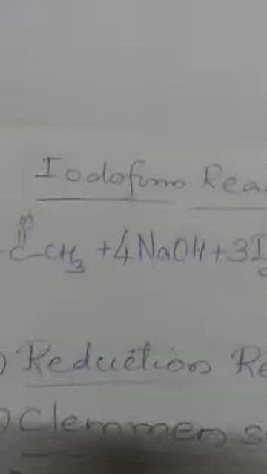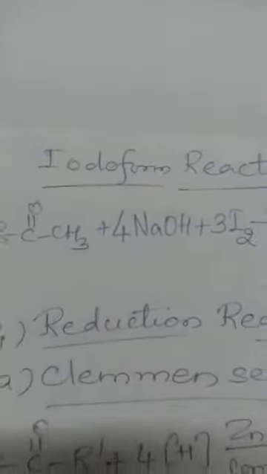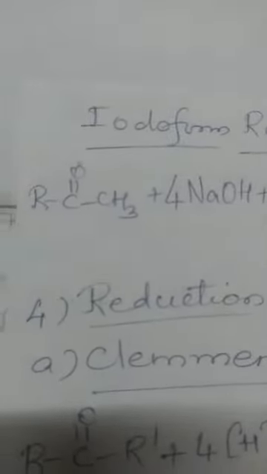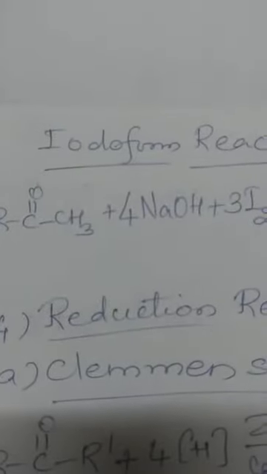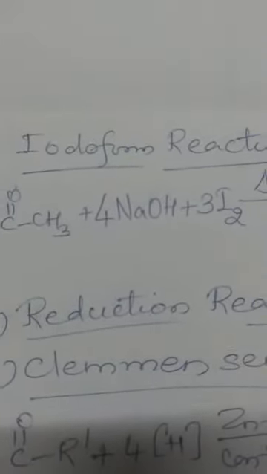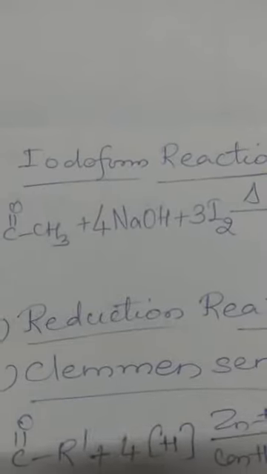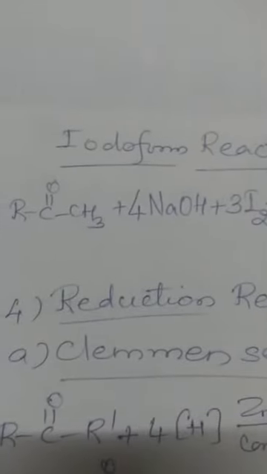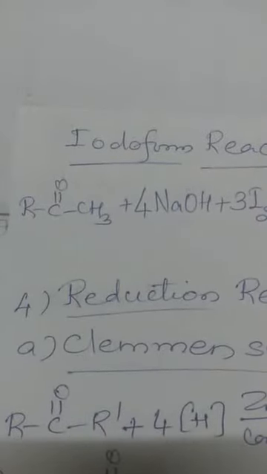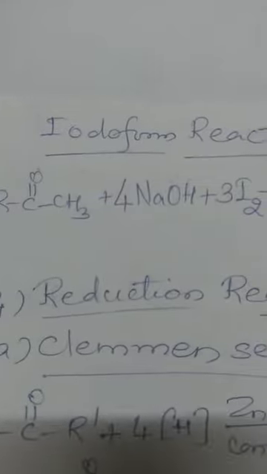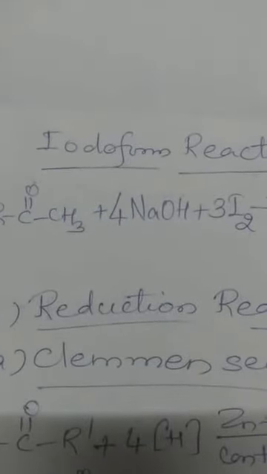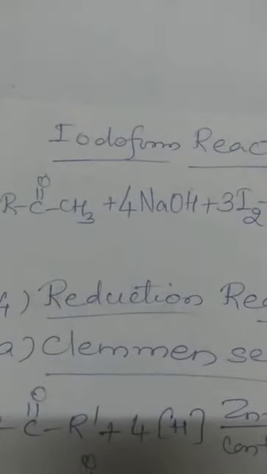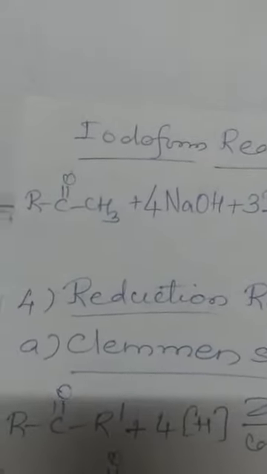In case of the iodoform reaction, the general representation of a methyl ketone once again is RC double bond O CH3. Now this is the methyl ketone. Methyl ketones, when heated with iodine solution, I2, in the presence of alkali like sodium hydroxide, NaOH, form NaOI, which is called sodium hypoiodite, in the intermediate step.